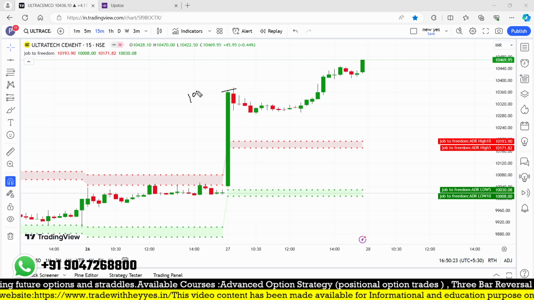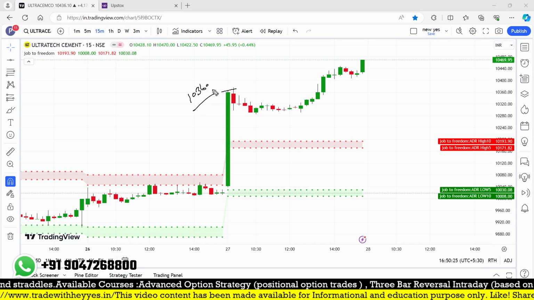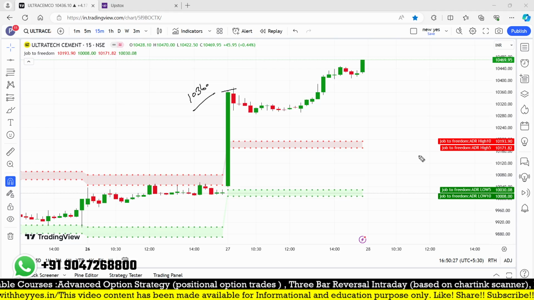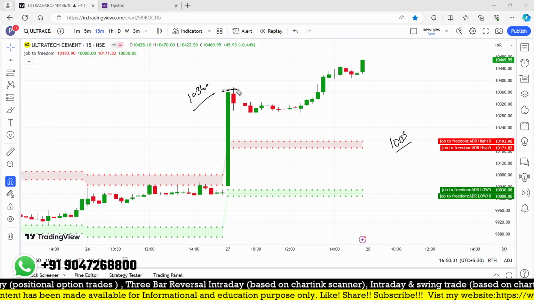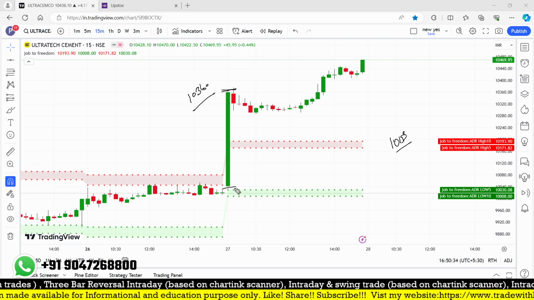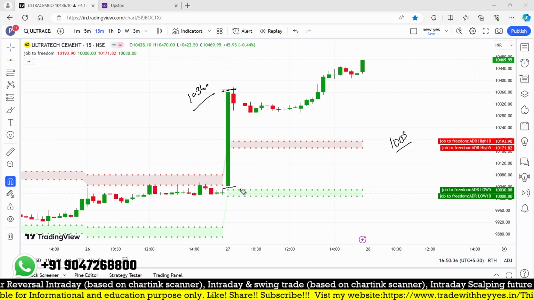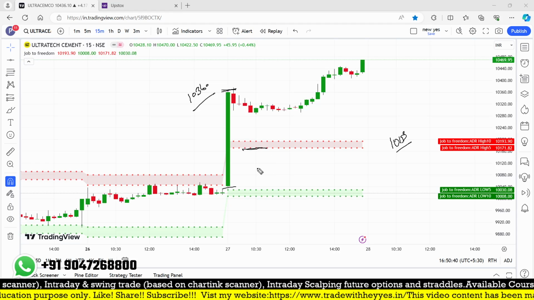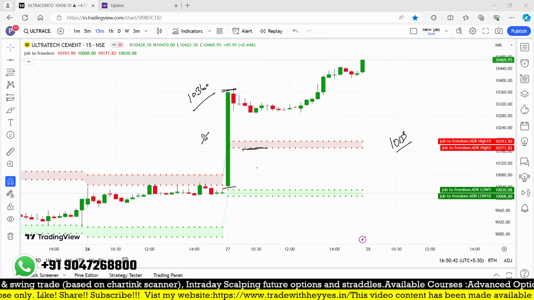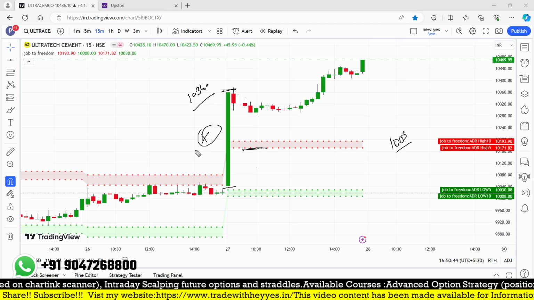You can see 10,360, and here I'm just looking for the higher level, 10,193. So there is a huge gap. If I keep the day low, that would be a very big stop loss for the trade. And if I keep the ADR low also, it is a very big stop loss. So I simply ignore this if you find such a big candle.